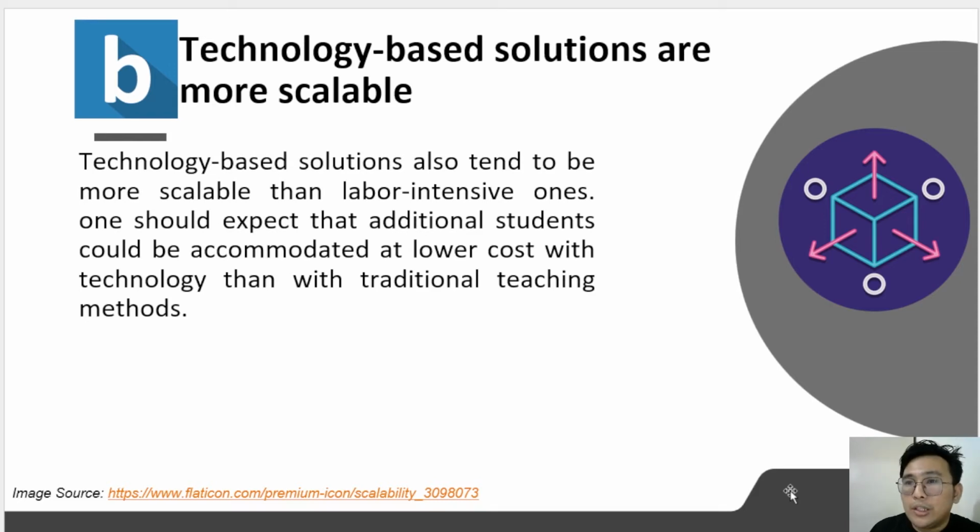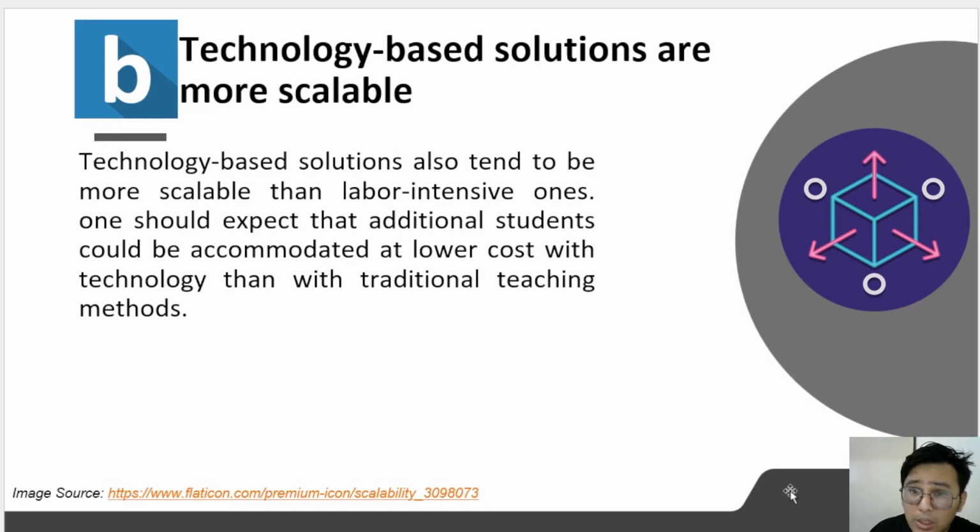For now, I don't think the cost is low. I don't know about other countries, but for us in Indonesia, when we are trying to use Zoom or Microsoft Teams, it really doesn't seem like lower cost.